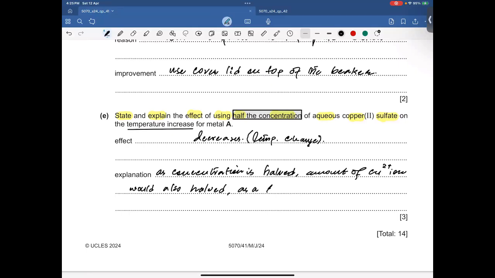As a result, the increase in temperature decreases.